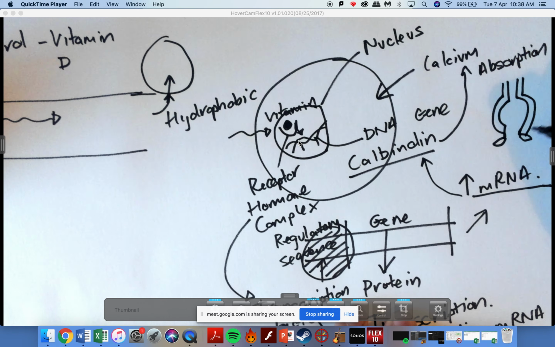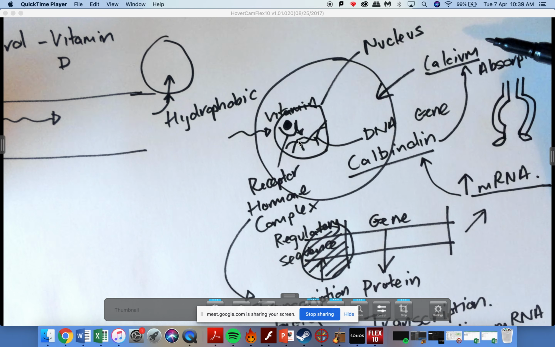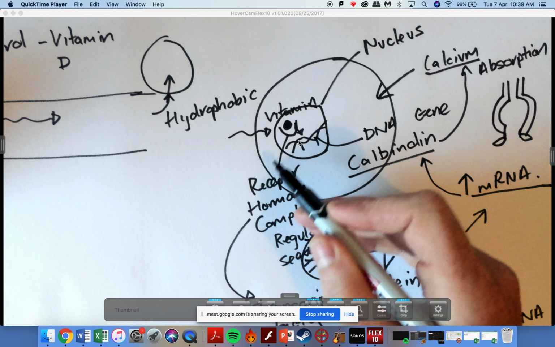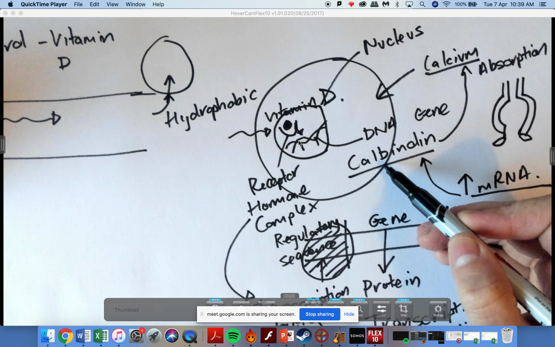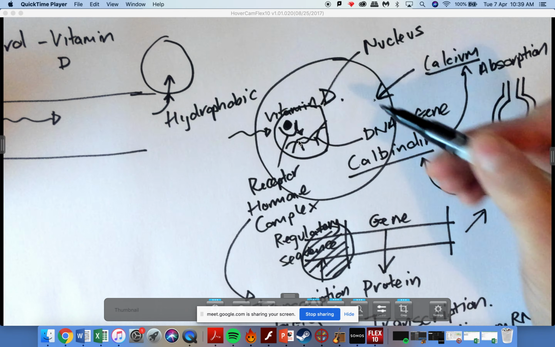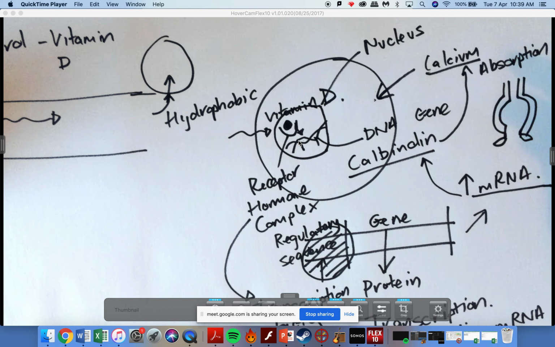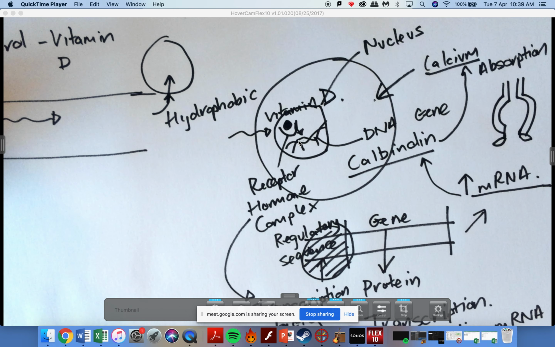And rickets can be due either to not enough calcium, or it can be due to not enough vitamin D. Because if you don't have vitamin D, then you don't get cal-bindin, and then you can't take the calcium up into your cells. And if you can't absorb the calcium, then your bones become weak, and then they're going to be deformed. Okay, so that's a little run through of what that does.